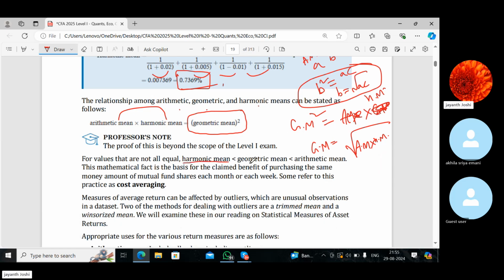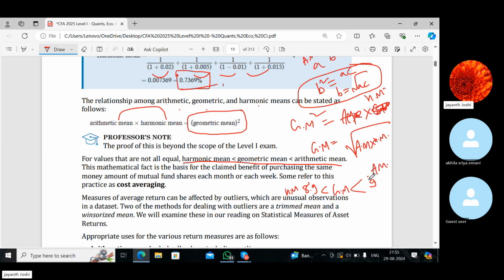You should always understand, in general, when I calculate all of them, the arithmetic mean we got was 9. The harmonic mean we got was 8.9 something. Of course, this is smaller than that. So the arithmetic mean will always be more than the geometric mean, which will always be more than the harmonic mean, even if you take approximate values.